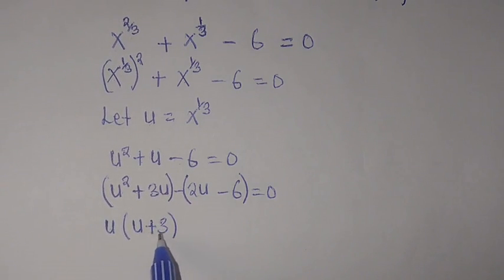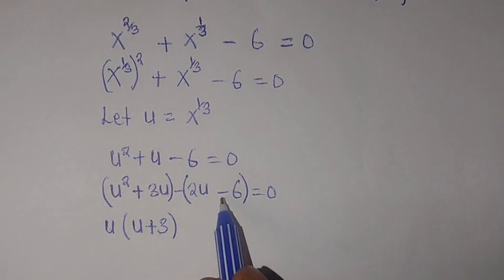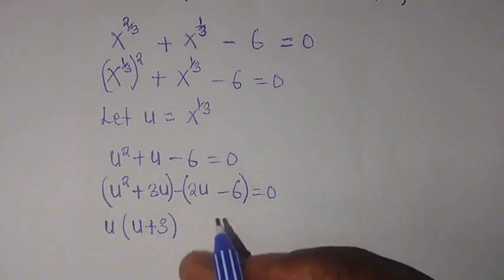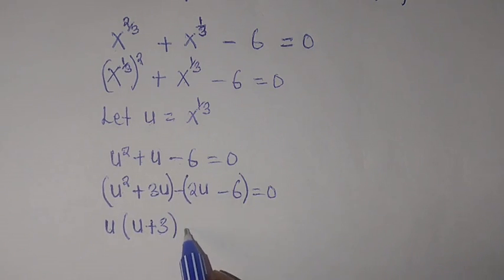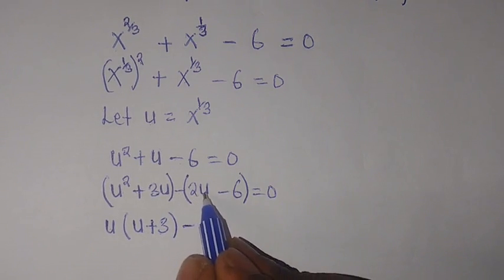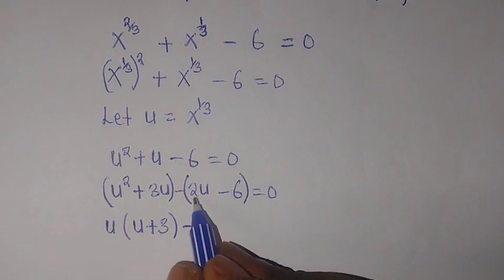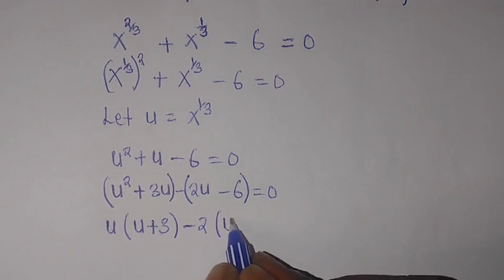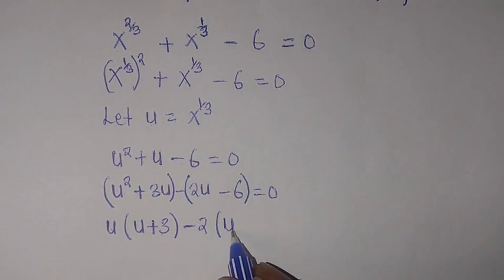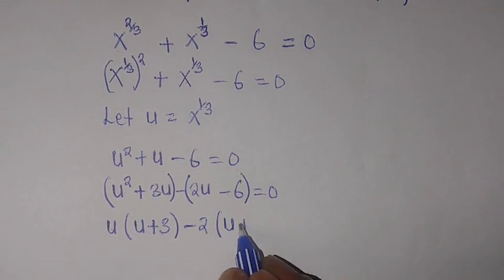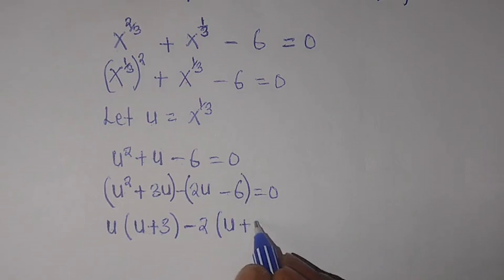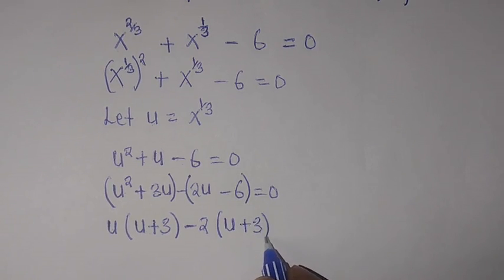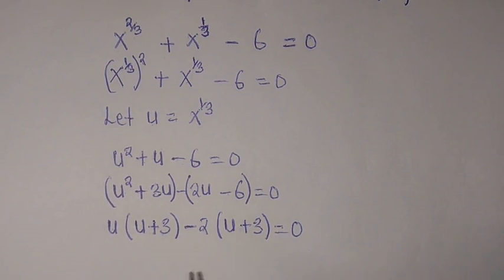Whatever we have here, even on this side, when we factorize, we must get the same thing. So we have minus, what is common? 2u minus 6. The highest common factor of 2 and 6 is 2. Open bracket. 2 into 2u remains with u. Negative, negative, positive. 2 into 6, a 3. Is equal to 0. You can see we have similar terms.